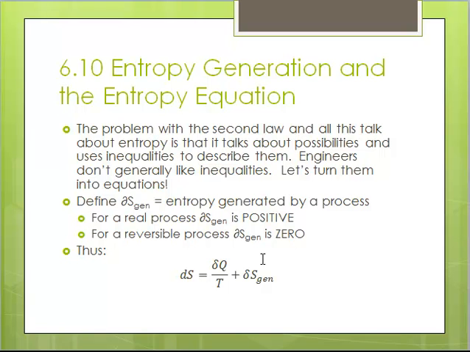Okay, so I'm going to add entropy generated. Now, entropy generated is always going to be a positive quantity, unless, of course, the process was reversible, then it will be 0. But entropy generated can never be negative. But now I've created an equation out of that inequality.